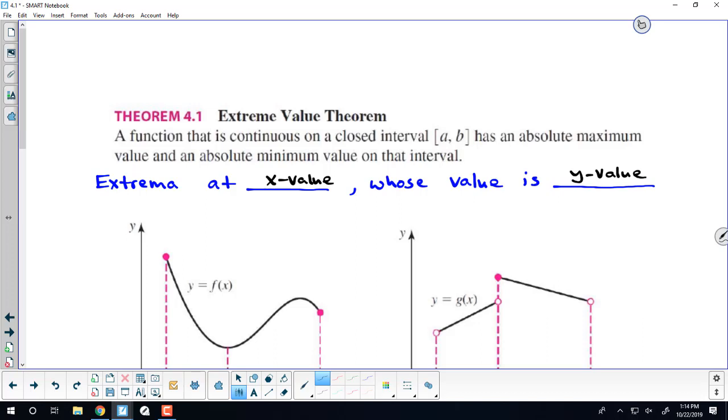Typically, it's the y value you're after. Maybe in a time and temperature situation, you're going to ask what's the maximum temperature or the minimum temperature. You're not going to ask what was the maximum time or the minimum time. So the value is the y value. It occurs at the x value.